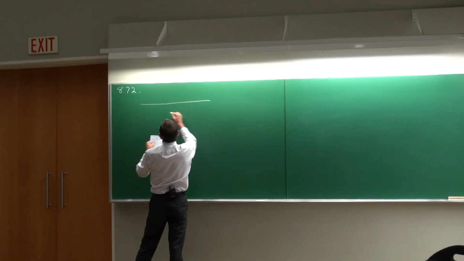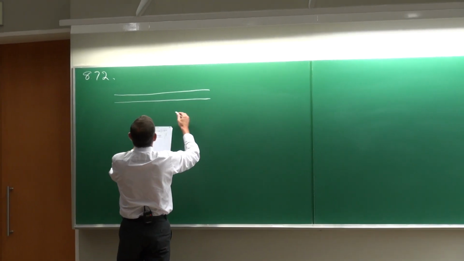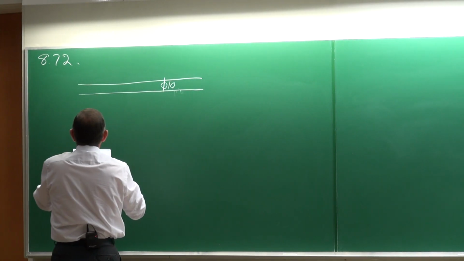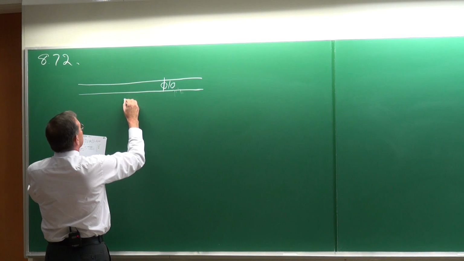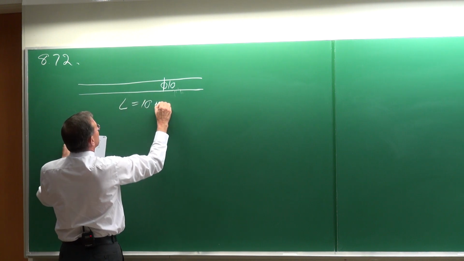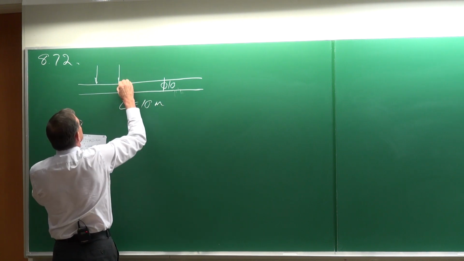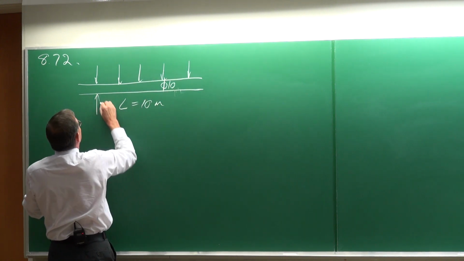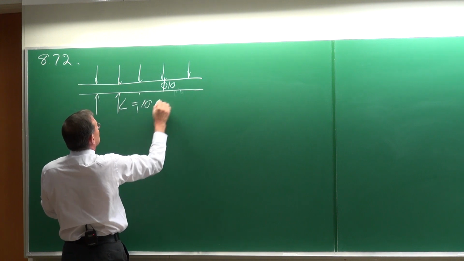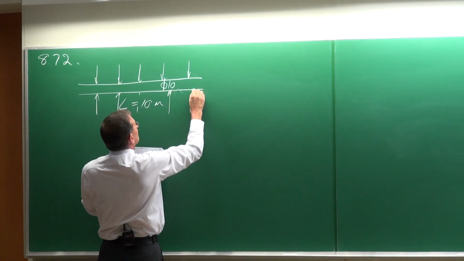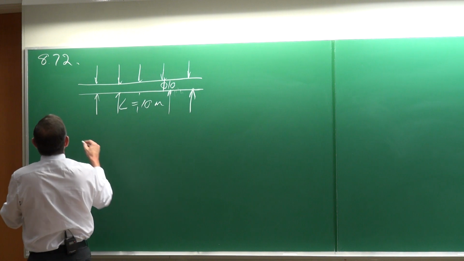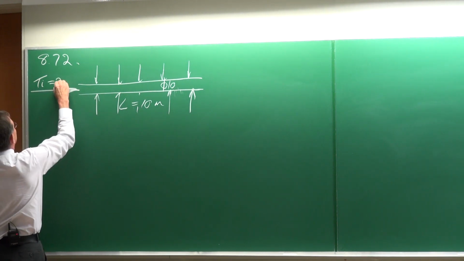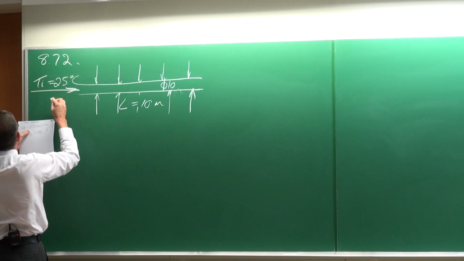Schematically, there is the pipe or the tube. It says that the diameter is 10 millimeters. Its length is 10 meters, and it is being heated by an electrical resistance heater, and therefore we've got a constant heat flux heating situation. The inlet temperature is 25 degrees Celsius.